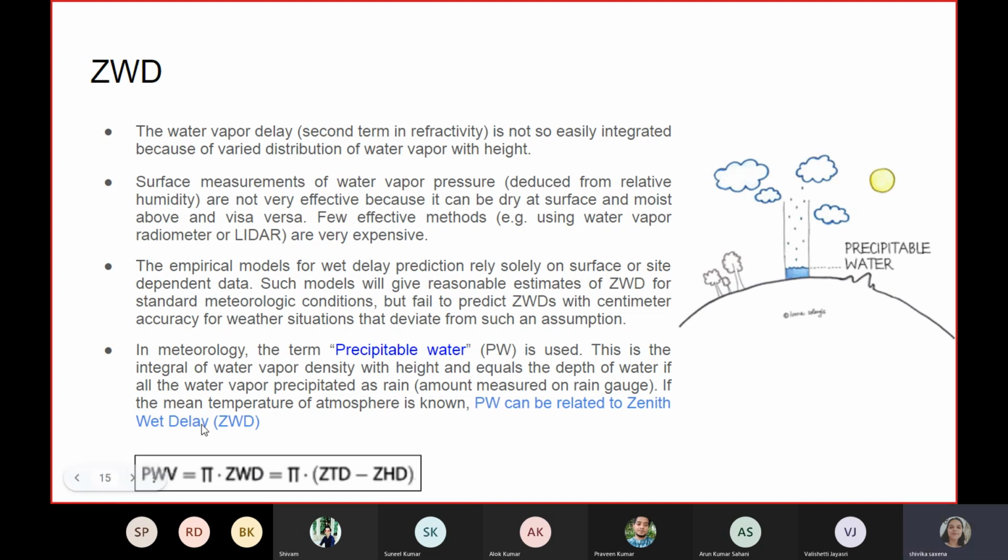This is related to the zenith wet delay by a factor pi. Pi is a function of water vapor weighted mean temperature. So the temperature at the receiver is going to be used to compute the factor pi, which is to be multiplied with the zenith wet delay in order to get precipitable water vapor.